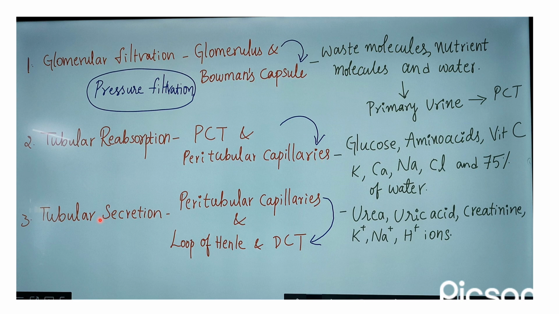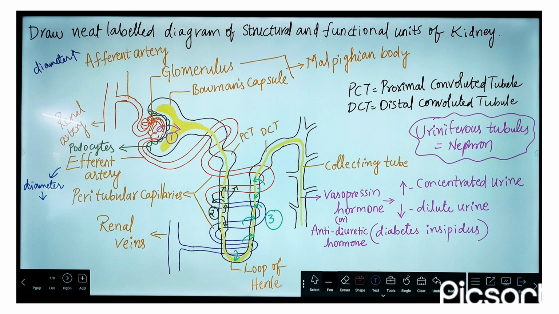Then the third stage is called tubular secretion. In the tubular secretion, if you can see the green colored arrows over here, a few things are going from the peritubular capillaries, these ones, back into the loop of Henle or into the DCT.